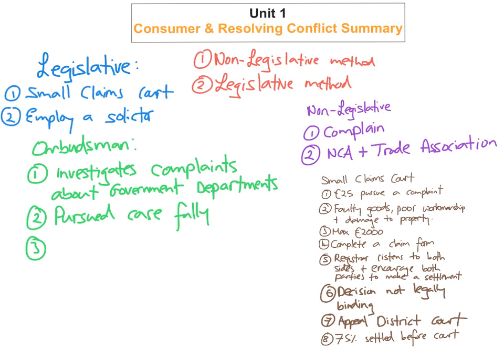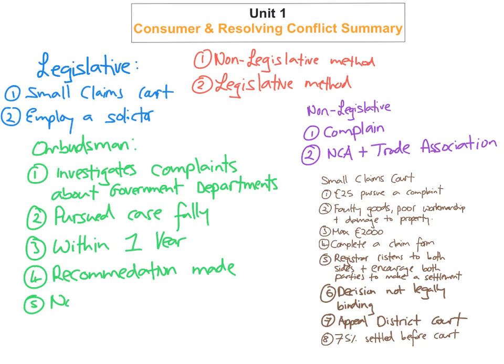The third point with the Ombudsman is that the complaints must be brought within 1 year. The fourth thing is that complaints are investigated by an Ombudsman and a recommendation is made. The recommendation is not legally binding.